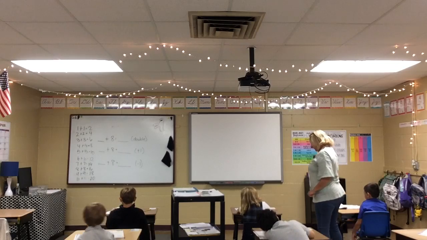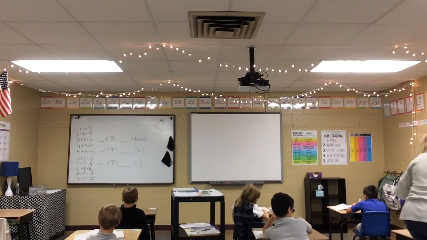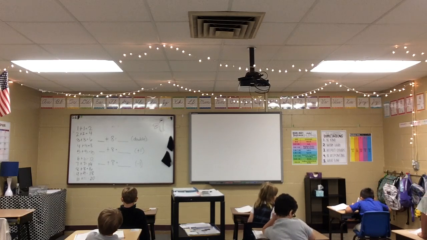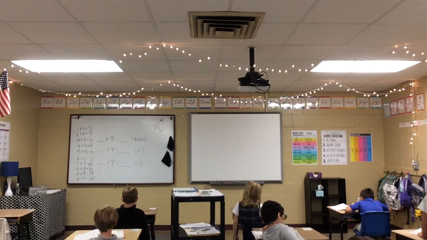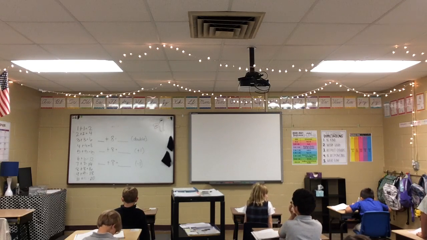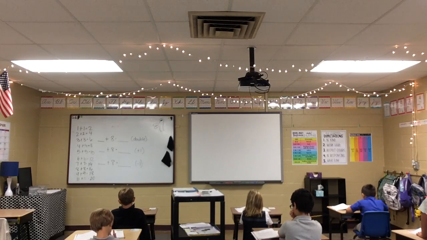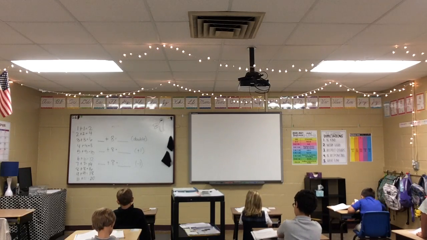Alright, so now we're doing doubles minus 1. So if it's 8 plus 8, what's 1 less? No, what's 1 less? Okay. Plus 8. So if 8 plus 8 is 16, we have 1 less, so now that's going to be what?